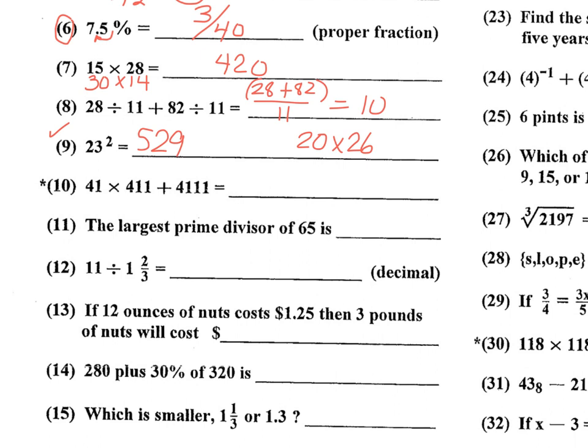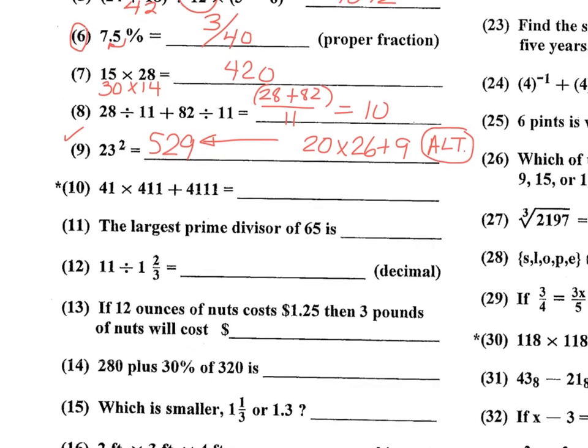Since I went 3 up and 3 down, I've got to add 9. And if I do 20 times 26 plus 9, that's going to give me 529. The way you could do this is, instead of writing a 0 down, you write the 9 down and then do 2 times 26 is 52. So this is an alternate method of doing your squares in case you do not have it memorized.